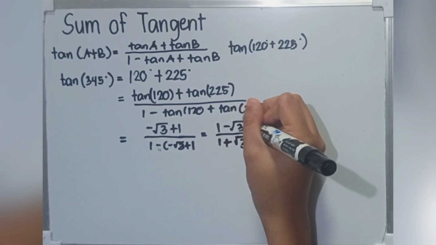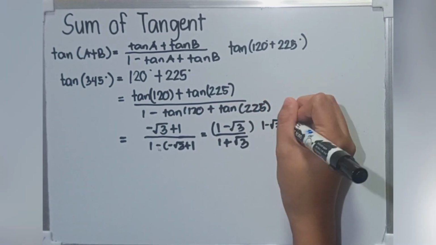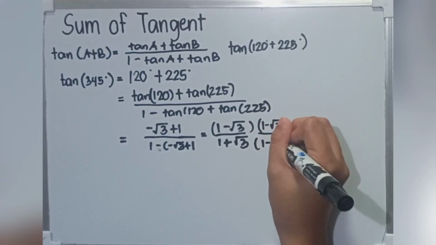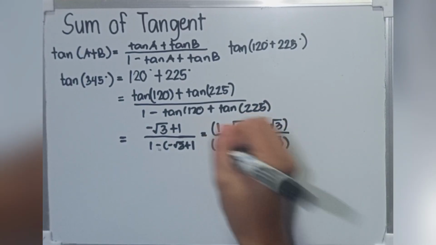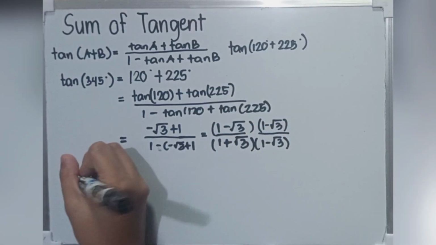And the next thing that we're gonna do here is to multiply the conjugate of the denominator. So we'll be using 1 minus square root of 3 because that was the conjugate of the denominator. Then let's do the FOIL method.